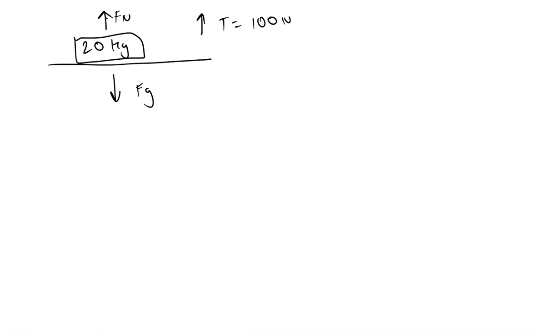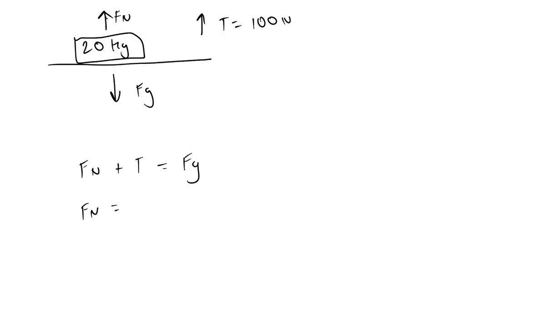Now we would realize that Fn, the normal force, plus the tension force is equal to the force of gravity. And so here, if we want to isolate for Fn, we have to move T to the other side by subtracting.